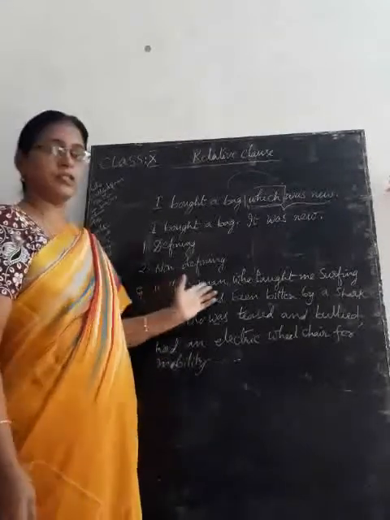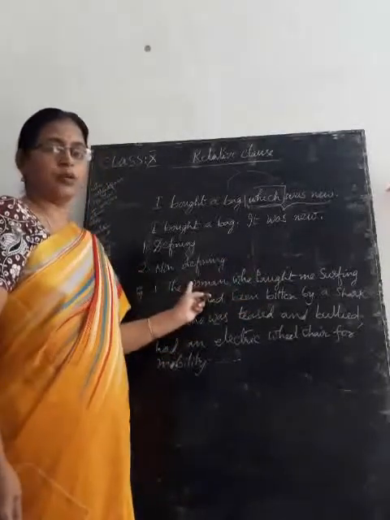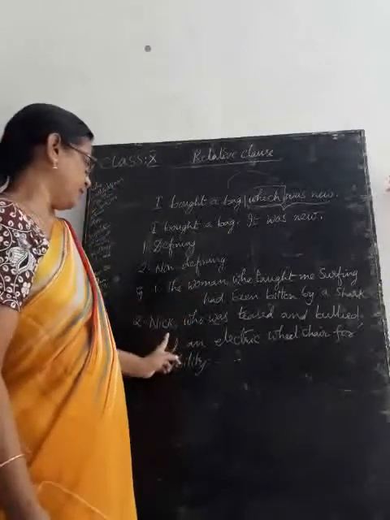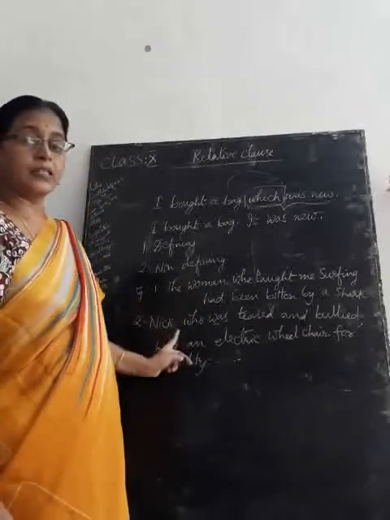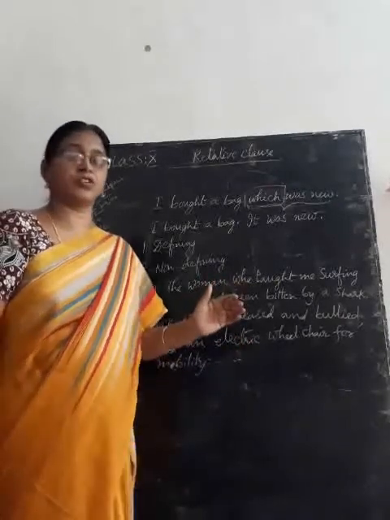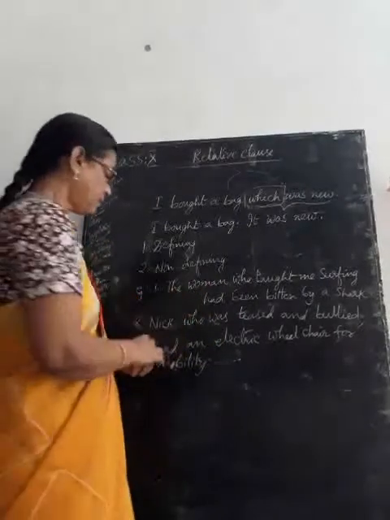The sentence which doesn't take comma and describes the noun is a defining relative clause. And in non-defining relative clause, it takes commas or hyphens and it gives additional information. So it is called non-defining relative clause.